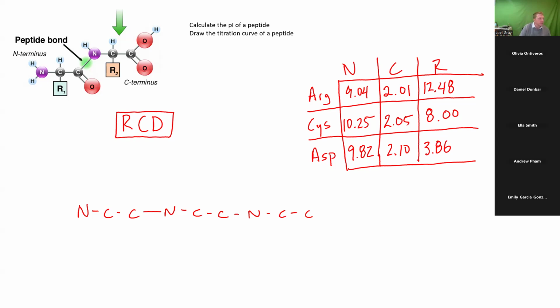What I want you to recognize here is there's two bonds that are really important. Those two bonds I'm going to highlight in green. Could anyone add to the chat, what is the name of those bonds? They are covalent bonds. They are peptide bonds. Great.